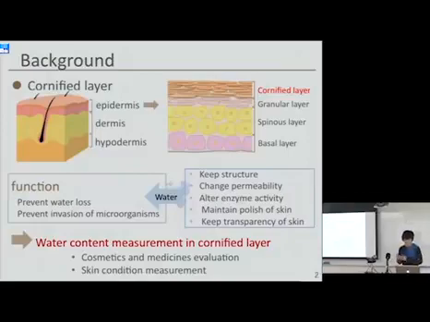So measuring water content in the colonified layer would be of great help in some cosmetics, medicines, or biological research programs.